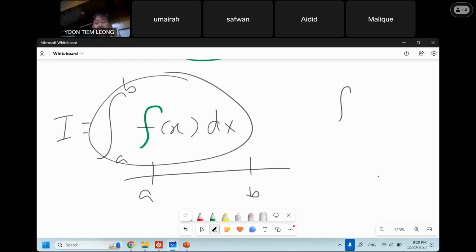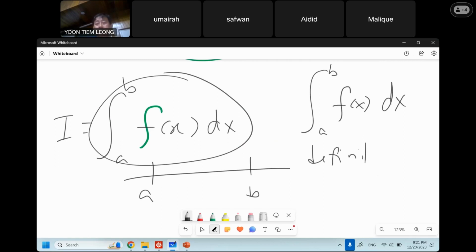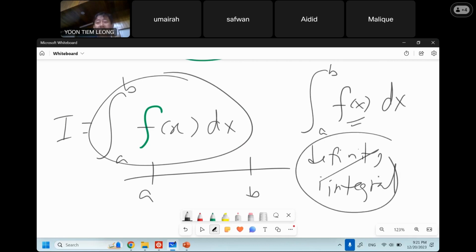So in this case, f is a continuous function, then this symbol represents the definite integral symbol. The definite integral of the function f between the lower limit a and the upper limit b means that this function is integrable, and if it exists, then its value is equal to the Riemann sum.